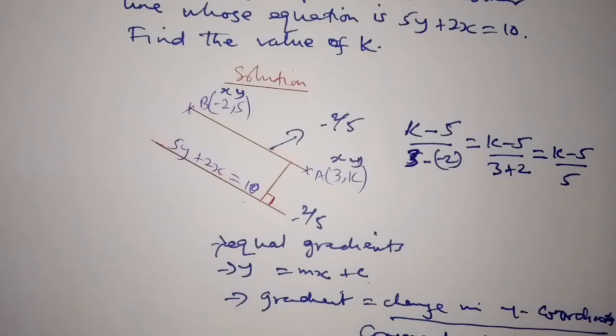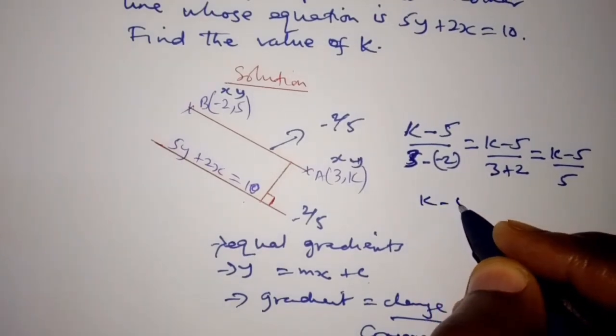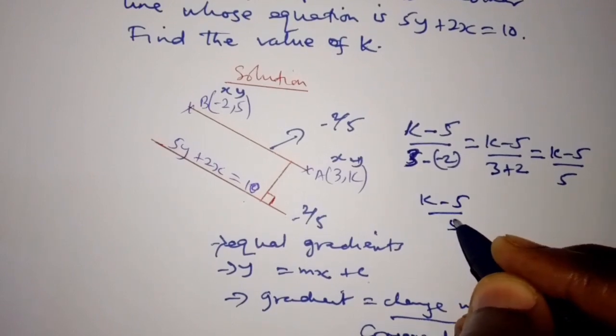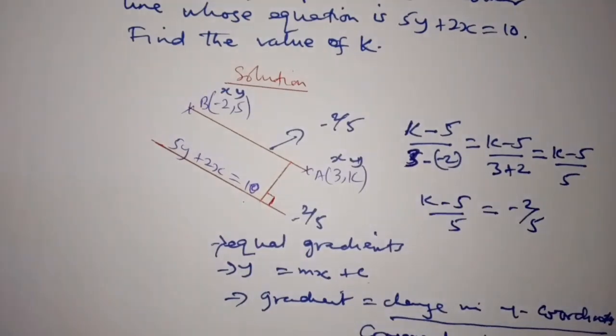So now we can say that k minus 5 over 5 is equal to negative 2 over 5. This is the gradient of this line.